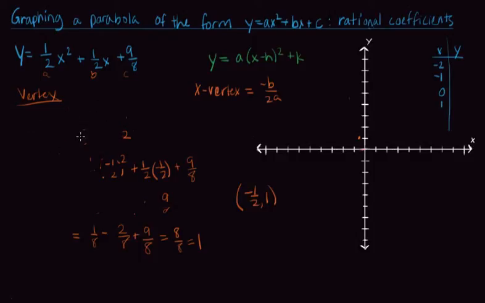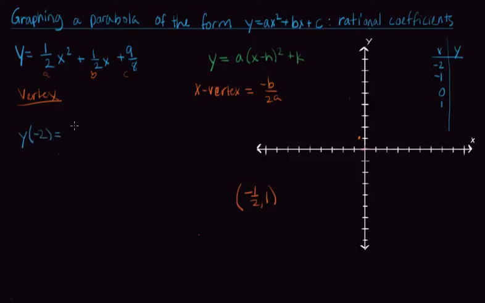So we're going to start by plugging in negative 2 into this function. So y of negative 2 is equal to 1/2 times negative 2 squared plus 1/2 times negative 2 plus 9 over 8.